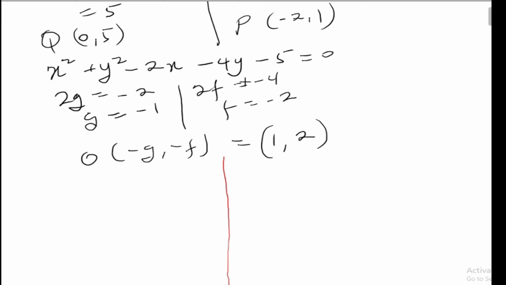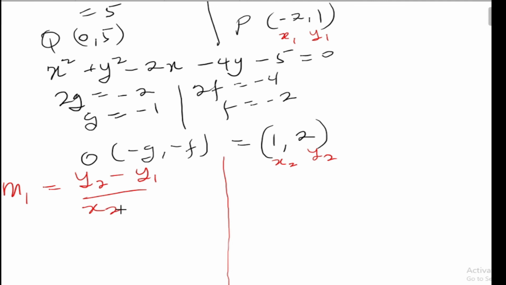Alright, so taking the line segment PO, I would like to call my points, as usual, x1, y1, x2, y2. And the gradient formula, let me call this one M1, says that the gradient of a line is the change in y over the change in x. Good.